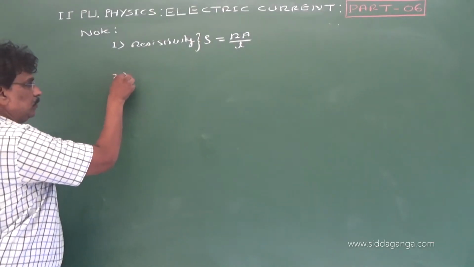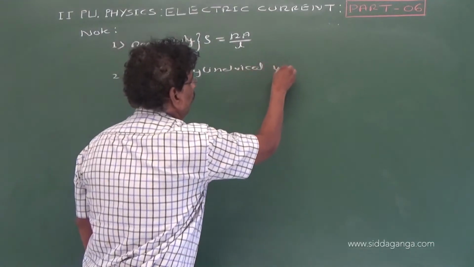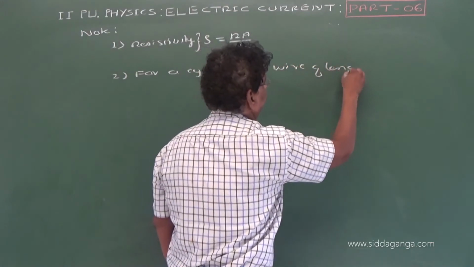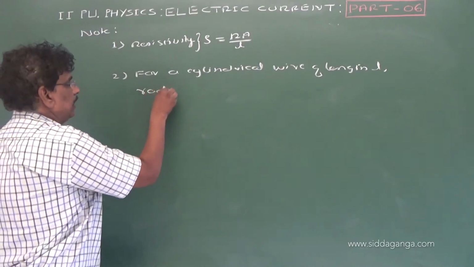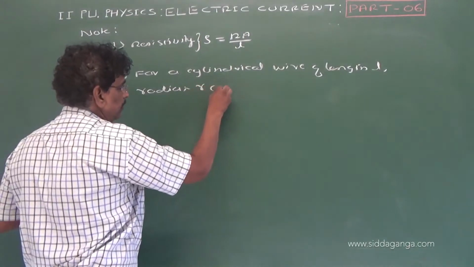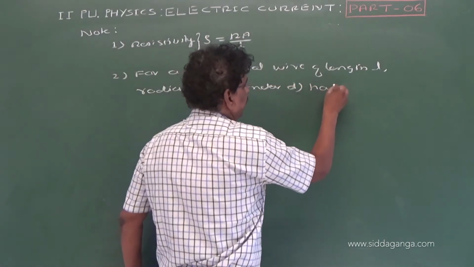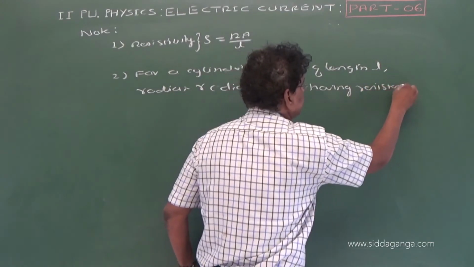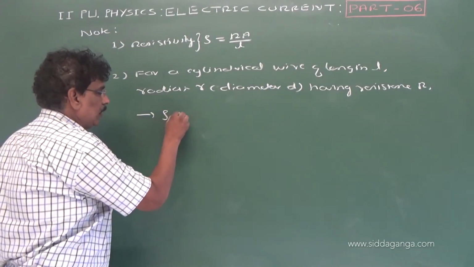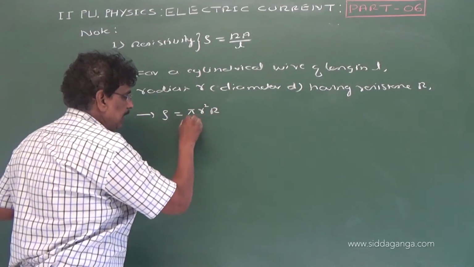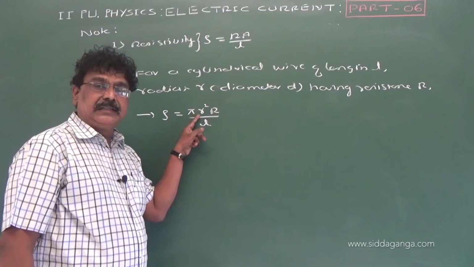Number two, for a cylindrical wire of length L, radius r or diameter D, having resistance R, we have resistivity rho is equal to pi r square R by L, where r is the radius of the cylindrical wire.